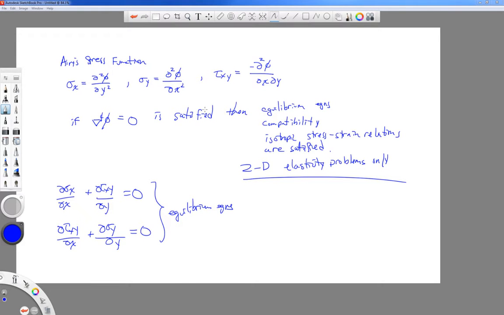So we need to take a look at the boundary conditions of the problem. What are the stresses on the edge of the body? In our plate with a hole example, we had the stresses that were in the vertical direction, off at infinity in the y direction. So if we have a stress function that works for a plate with a hole, we need to have the limit as we get to infinity that the y stress equals that remote nominal stress. And then whatever else happens around the hole.